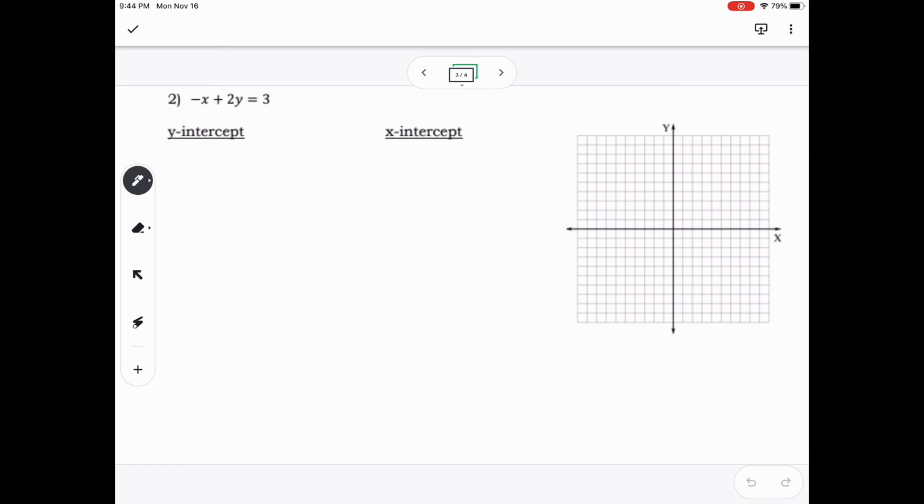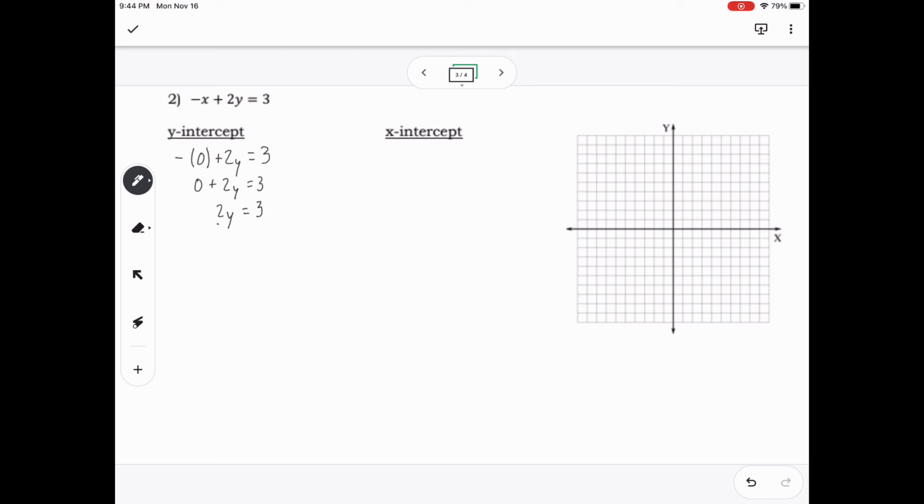So I have negative x plus 2y equals 3. So same idea, going to plug in 0 for x. Negative 0 is 0. 0 plus 2y is 2y.